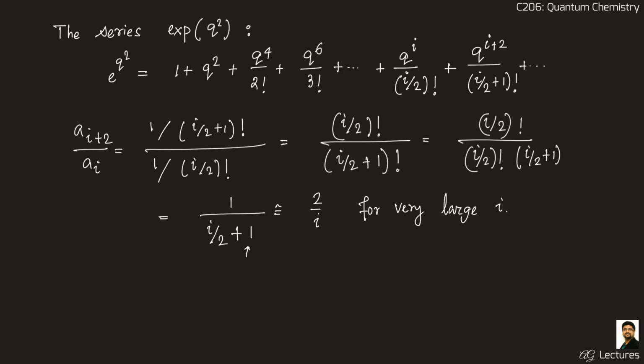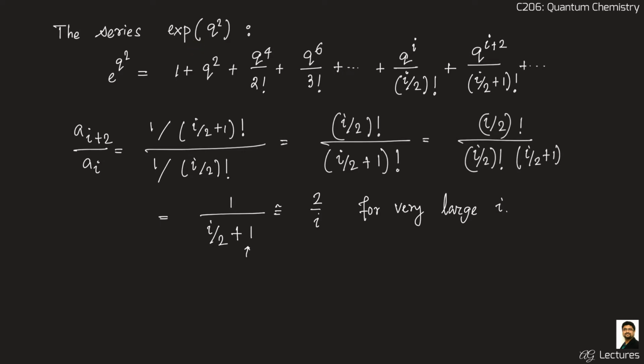So what we see is that the behavior of a_(i+2) over a_i is exactly the same, 2 over i when i is large, for both the series of e to the power q square and our f. What does this mean?